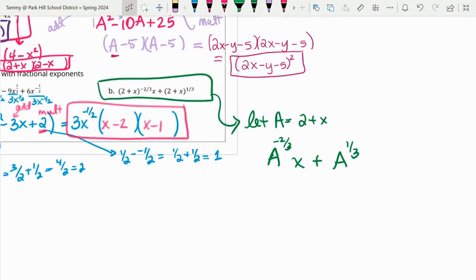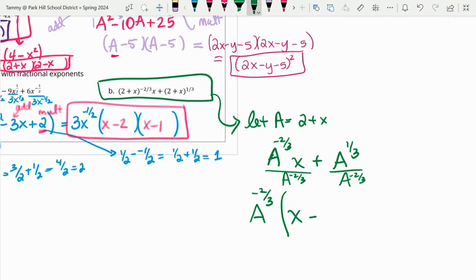Now I'm going to factor out the least exponent. My smallest exponent is a to the negative 2/3, which goes on the outside, which means I'm going to divide both of those by a to the negative 2/3. In the first one, when I divide by a to the negative 2/3, I'm left with x.